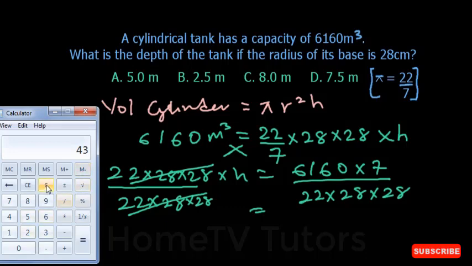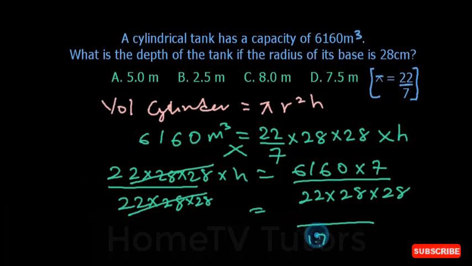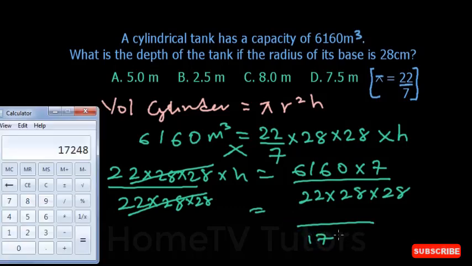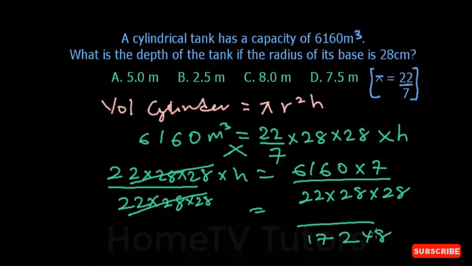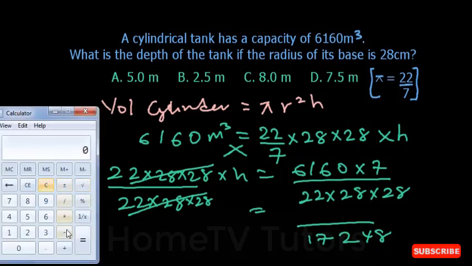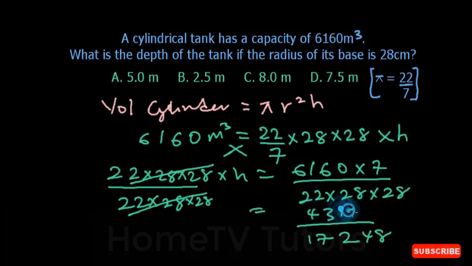Let's quickly use the calculator. Let's calculate the denominator first. 22 times 28 times 28 gives us 17248, and then 6160 times 7 gives us 43,120.